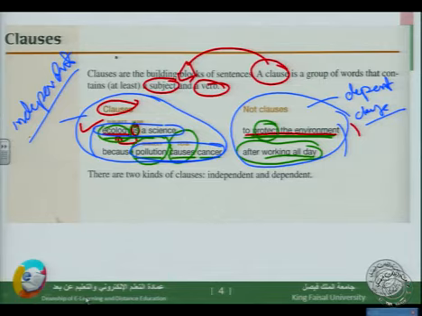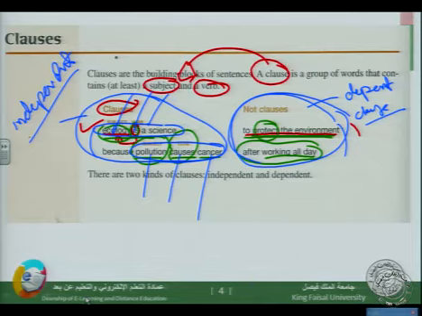Is it grammatical? Yes. Is it meaningful? Yeah. Pollution is the subject, causes is the verb, and cancer is the object. Subject, verb, object, and the meaning is clear. This we call an independent clause. But if we look at the other part, to protect the environment.